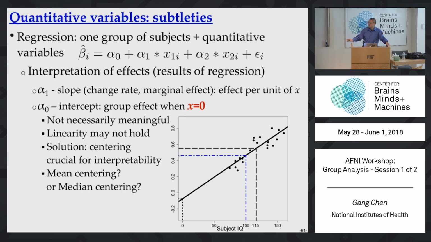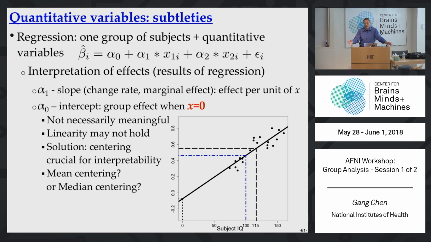The reason centering is important, as I mentioned before, even with a simple case, when you have one group of subjects and just one quantitative variable, in this case IQ: if we only care about the slope, then centering does not matter. You don't have to center, because regardless of whether you center or not, the slope is always the same.